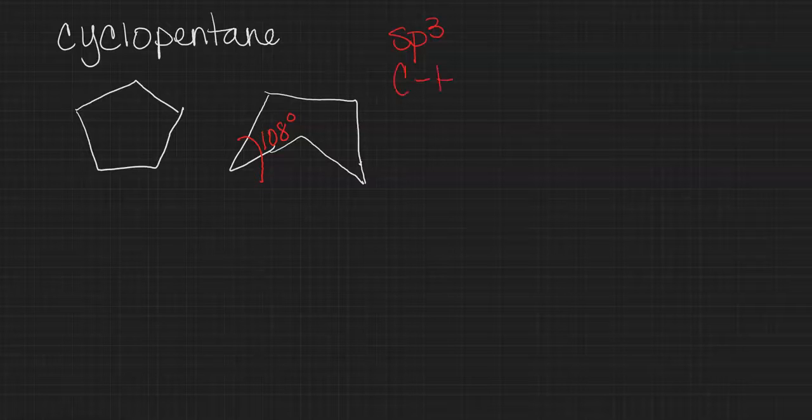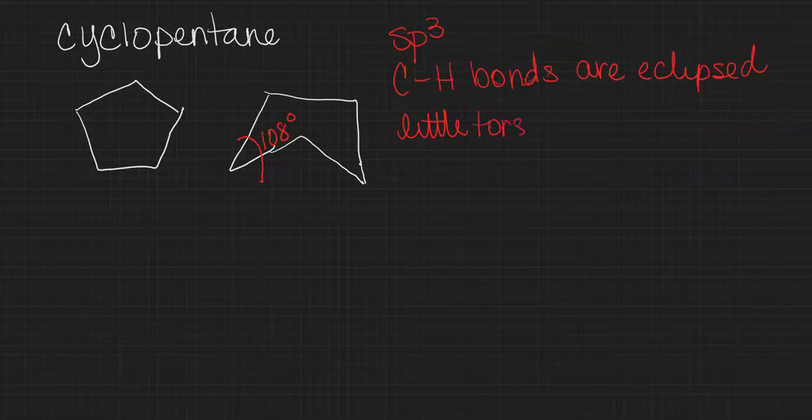The carbon-hydrogen bonds are eclipsed. With the cyclopentane, you have little torsional strain. But we do, with that 108 degrees, have angle strain, which is a deviation from the ideal bond angle.